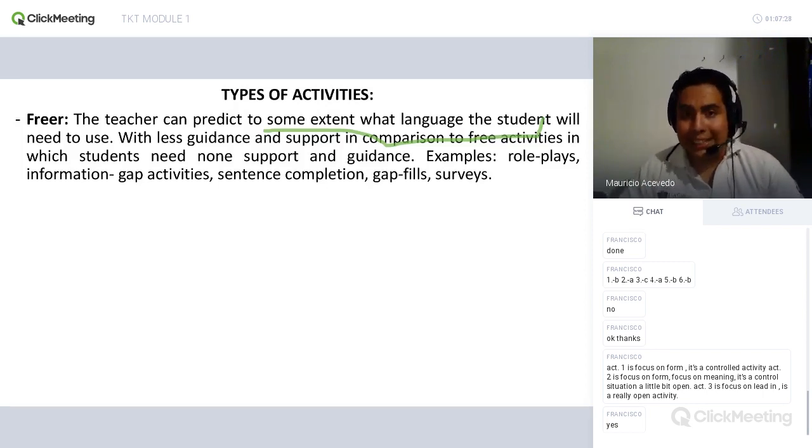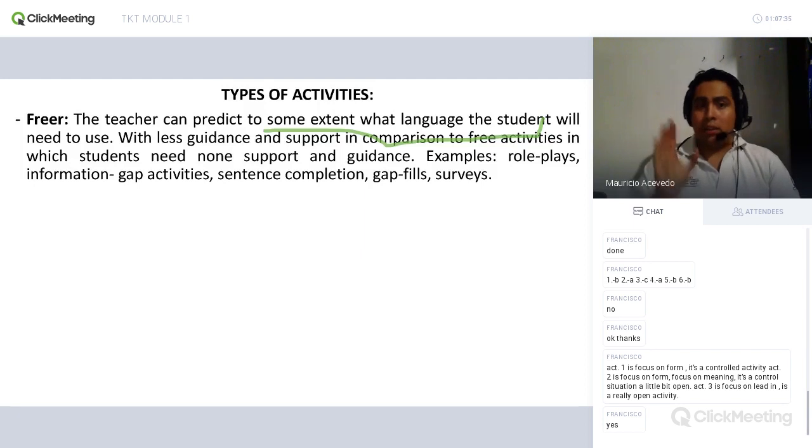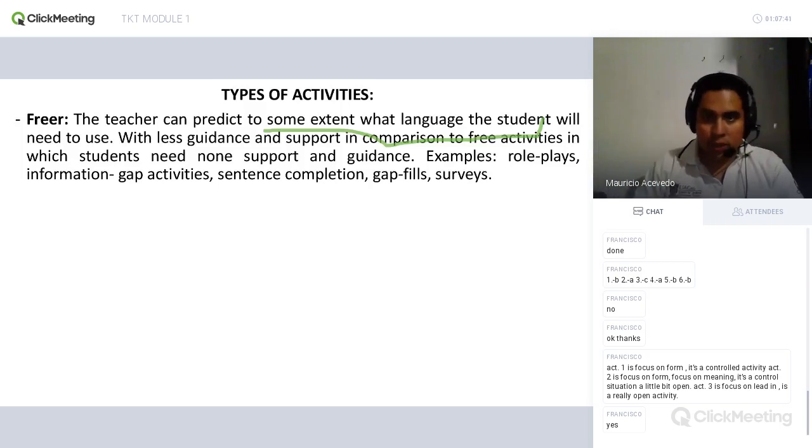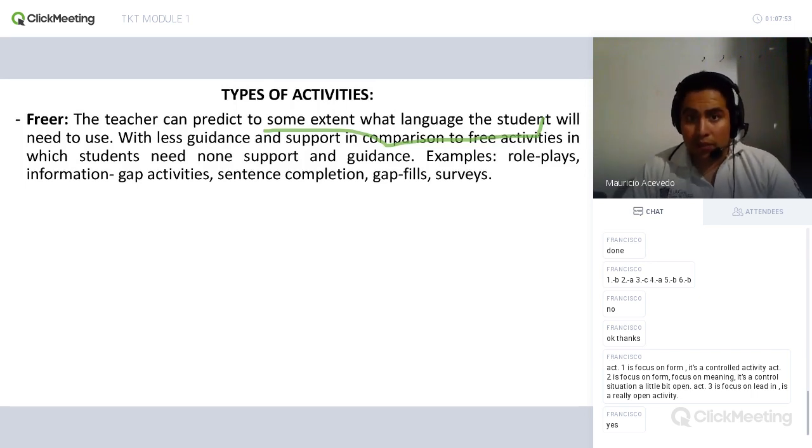So we are expecting them to use them, or we as teachers explain them and tell them, okay, you are going to do this conversation, but I want you to include this modal in this situation. So now, as you can see, it's not a free activity, because if it were a free activity, then you wouldn't have any topic to talk about, or there would be a topic but not with grammar.